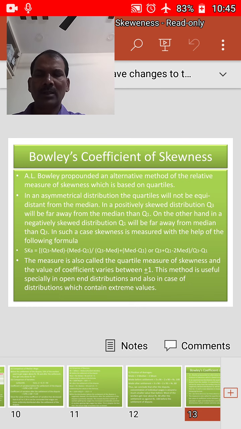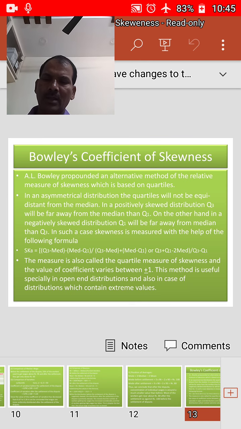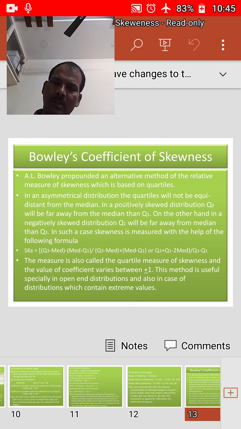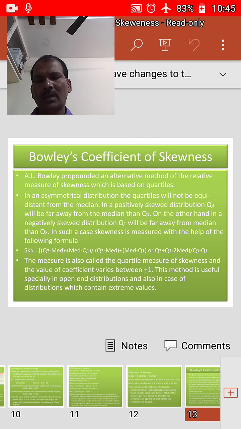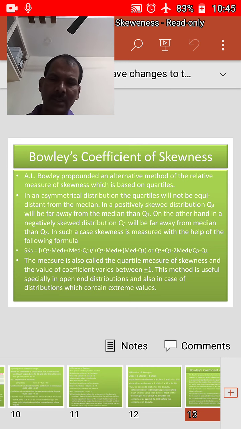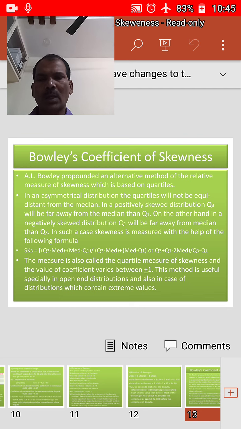SKB we call it as bracket of Q3 minus median, close bracket, minus bracket of median minus Q1, by Q3 minus median plus median minus Q1, or we can write this as Q3 plus Q1 minus 2 median by Q3 minus Q1. This measure is also called the quartile measure of skewness, and the value of the coefficient varies between plus 1 and minus 1.